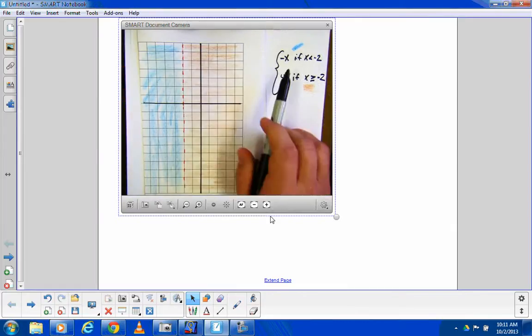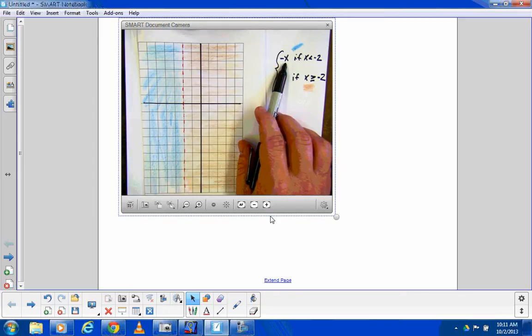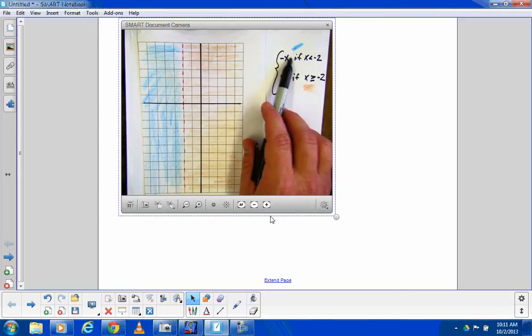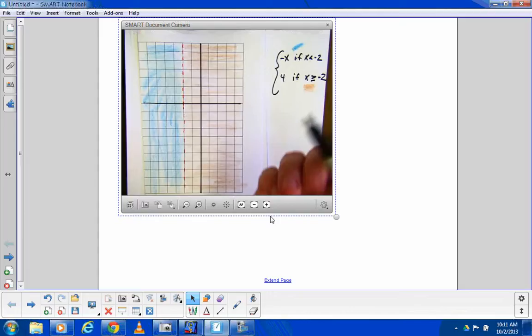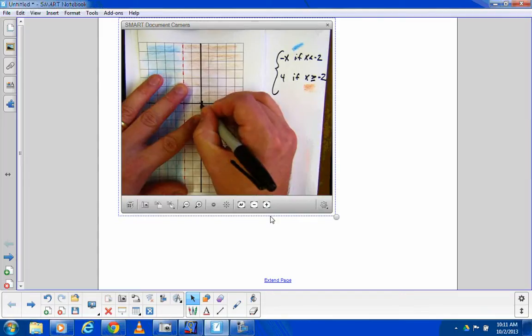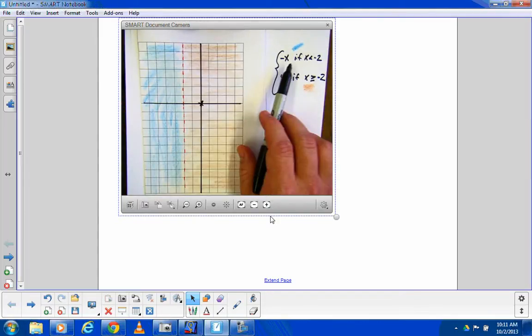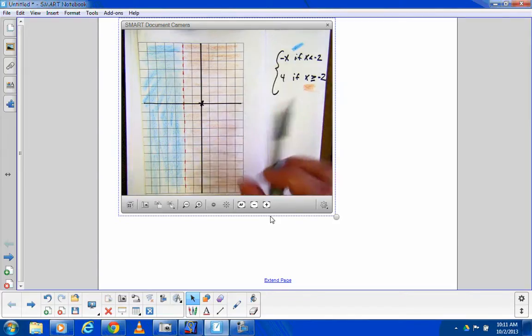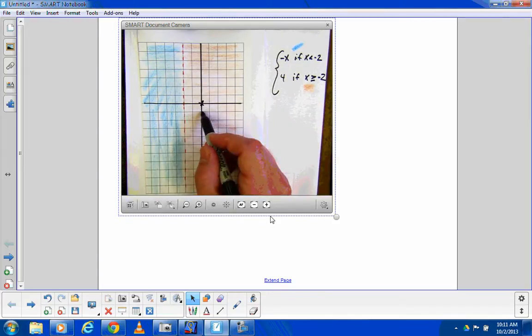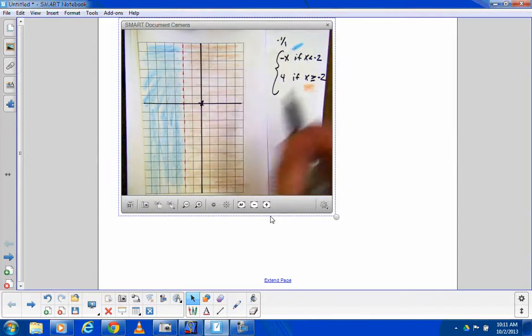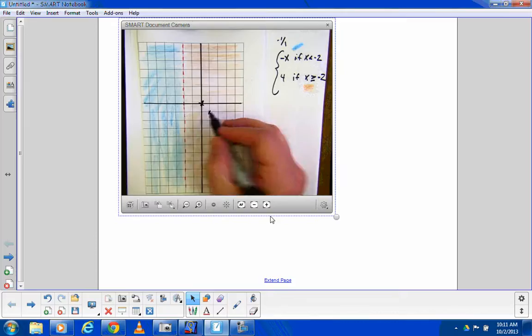What's our y-intercept on that? 0. You started at the origin. And now the slope would be -1 over 1, so we fall 1. When I run 1, is that a +1 or -1? Positive, so fall 1, run 1.